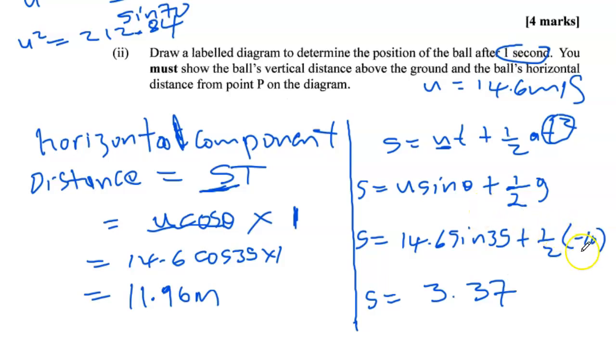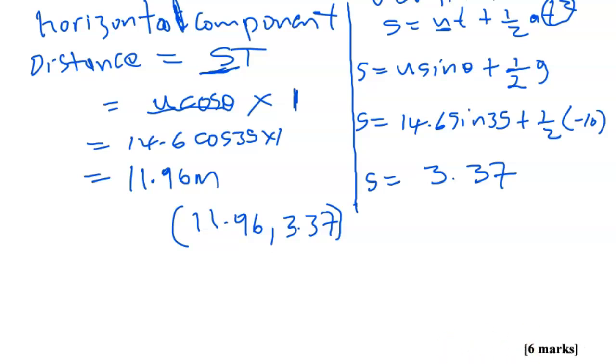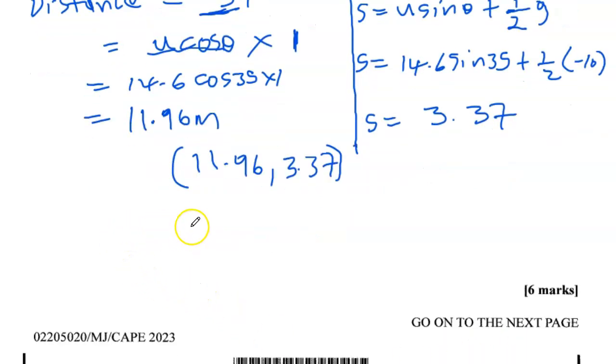Now let's do a diagram in terms of the coordinates. This is the vertical component. In terms of coordinates, the position would be 11.96 for the horizontal and 3.37 for the vertical. Let me do a quick sketch to represent that. Let's have a coordinate system, with y and x.